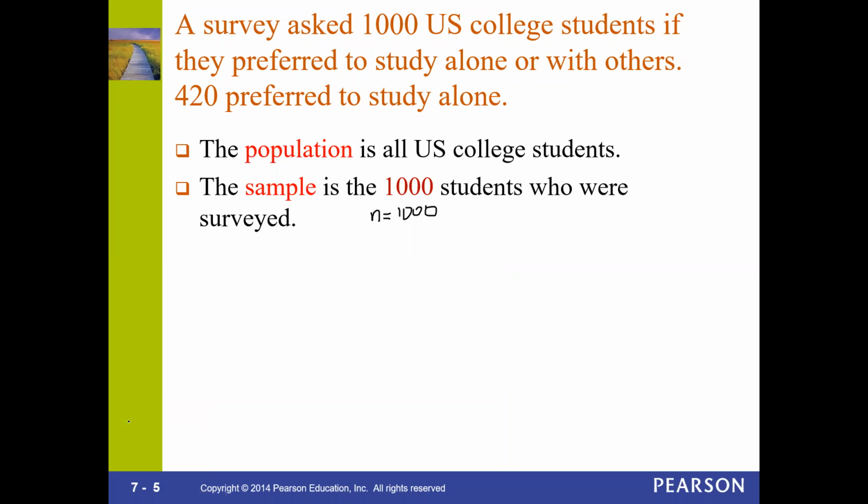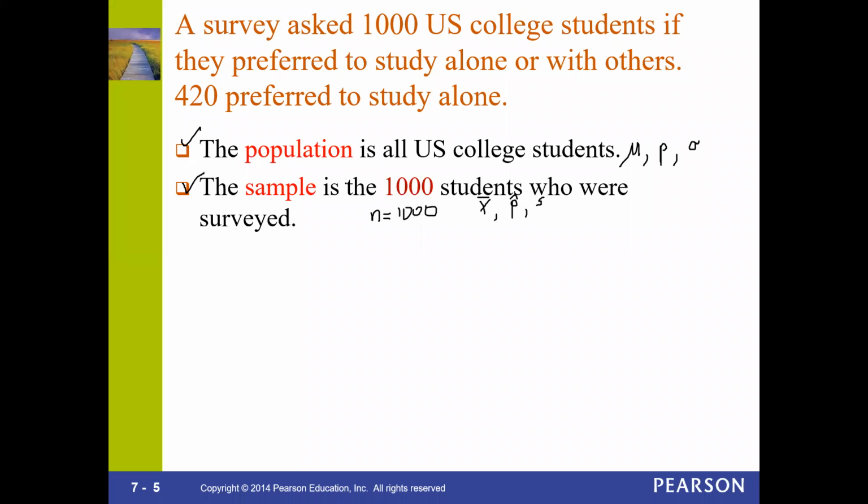This can generate either X bar, which is the mean, it can generate p hat, and it can generate the letter s. While for the entire population, we have mu for the population mean, p for proportion, and sigma for standard deviation. Just want to make sure you understand the idea behind that.